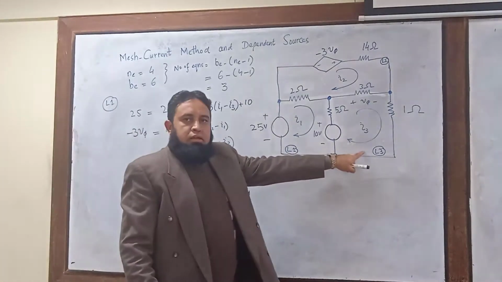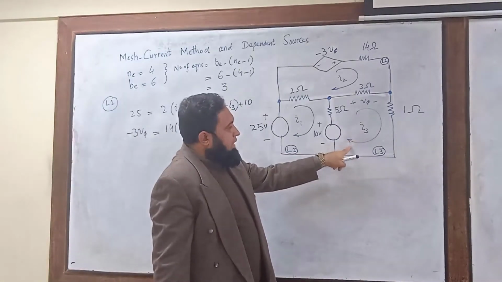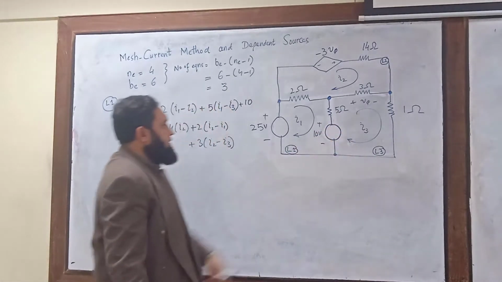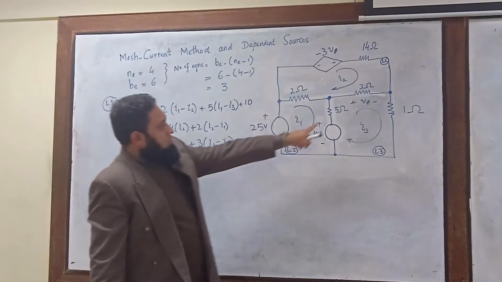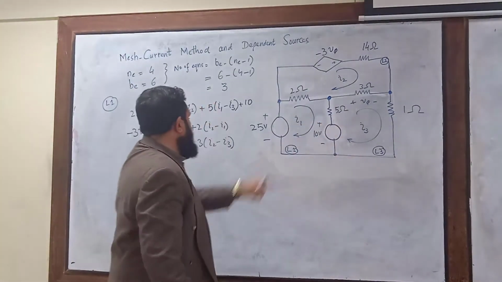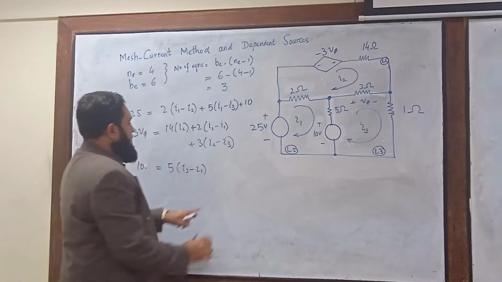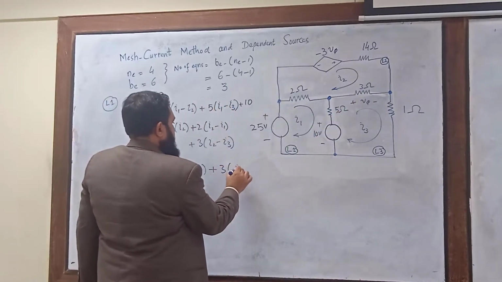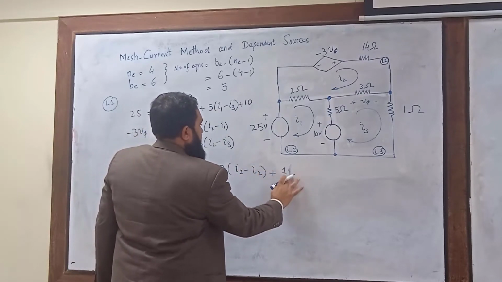Now look at loop number 3. Considering the direction of the current I3, this is the voltage rise. So 10 volt is the voltage rise, which is equal to the voltage drops: 5 times (I3 minus I1), plus 3 times (I3 minus I2), and 1 times I3.